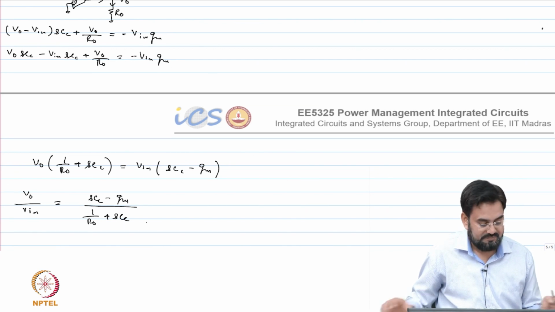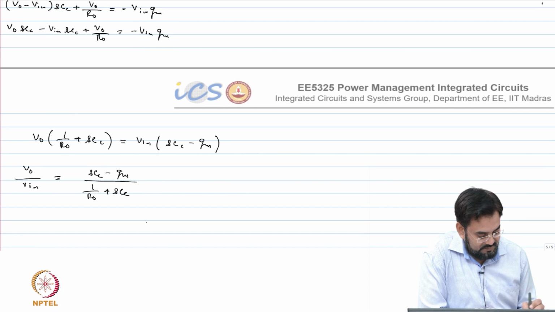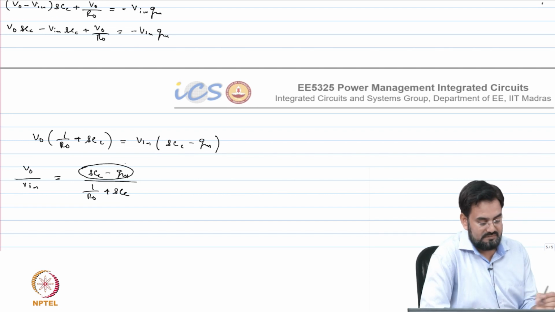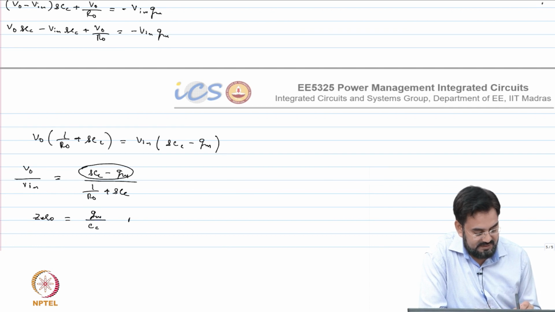Correct. So, what is this? This is your, so you have a 0 which is appearing at 1 over GM over CC, and this is right half plane 0.